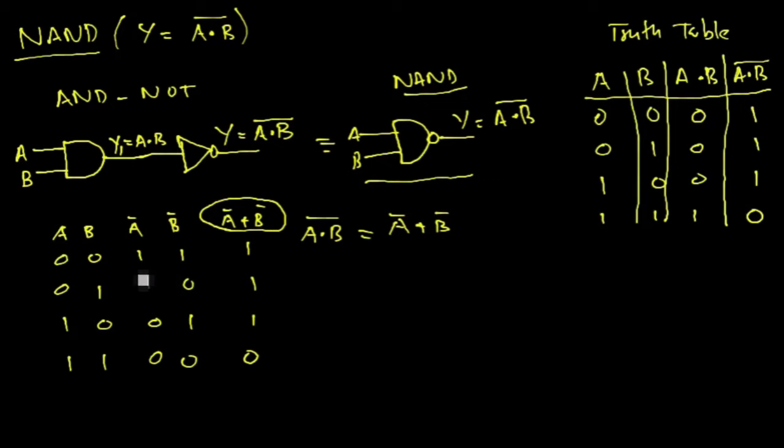Then if you consider this circuit, it has input A and input B. The A input is to be complemented first, and the input B also has to be complemented. Then these two complemented inputs are given to an OR gate.